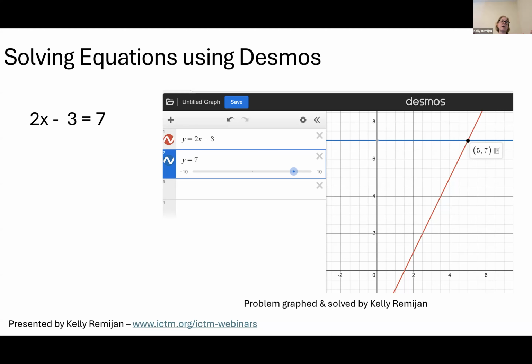And we want to see where these two lines intersect. We want to know what is x when y is 7. And so x is 5. And so this is a way to solve equations simply using Desmos and graphs. Great tool. If you haven't used it, I highly encourage 8th grade and up to start using Desmos.